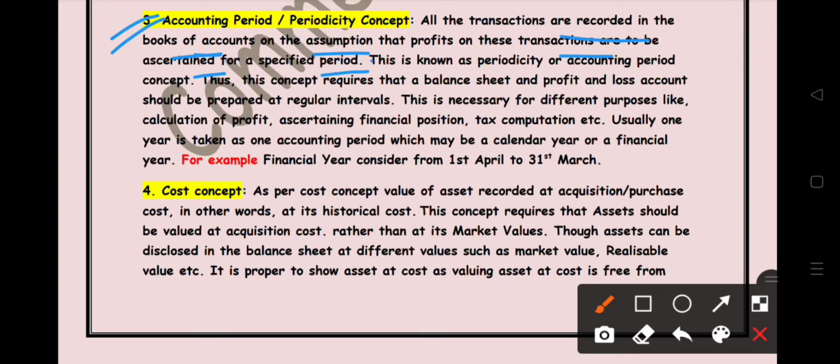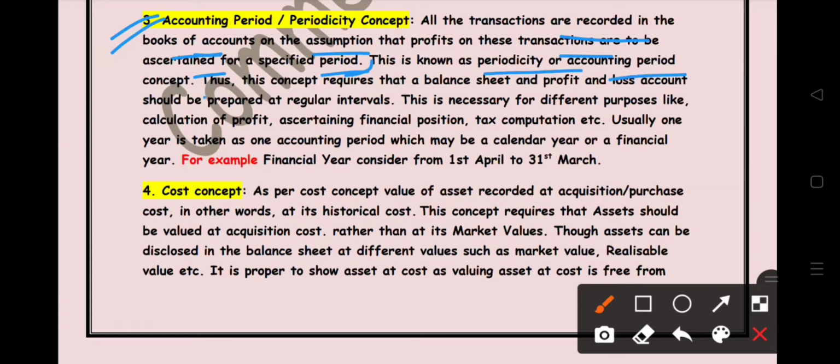If we are doing any kind of business, it is a continuous process, but we have to measure and analyze all our transactions in a particular period. That period should be specifically given by our accounting terms, so we call it an accounting period. This is also known as the periodicity or the accounting period concept.